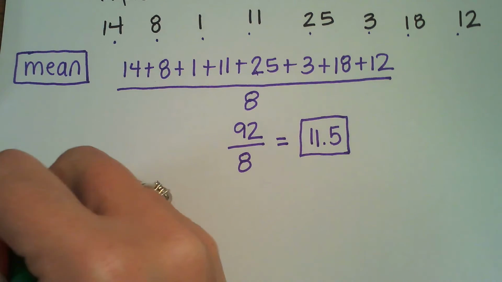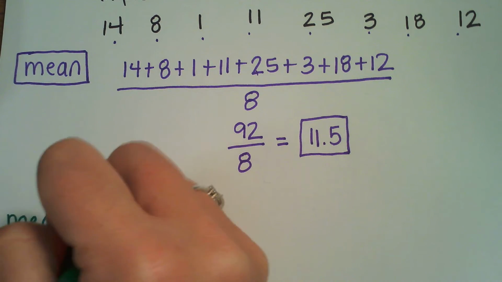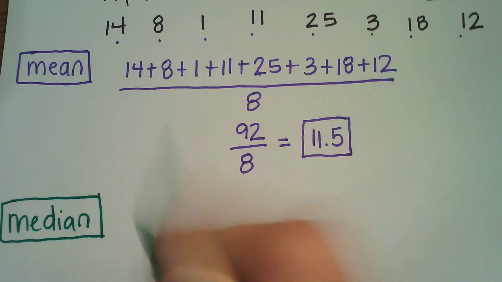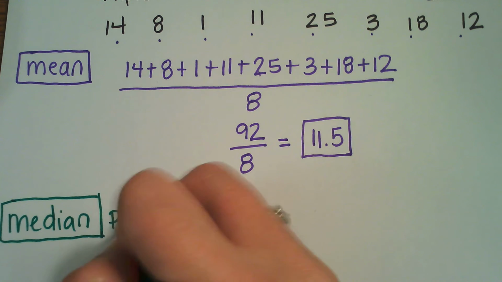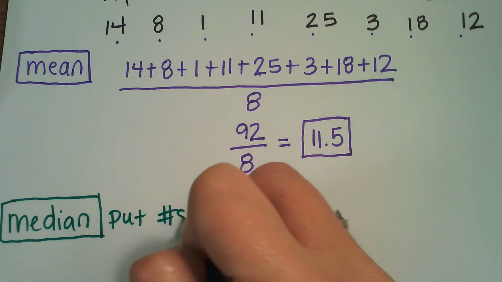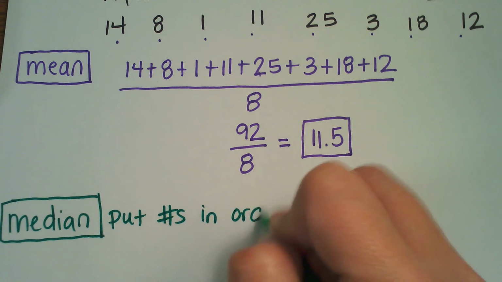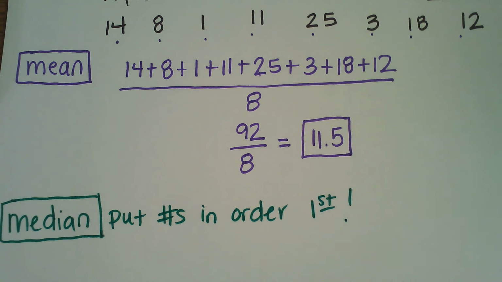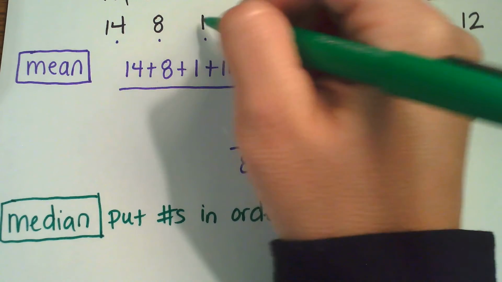To find the median, I have to put the numbers in order first. So I'm going to check them off as I write them down so I don't miss any.